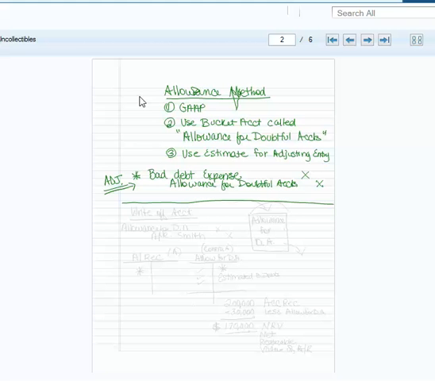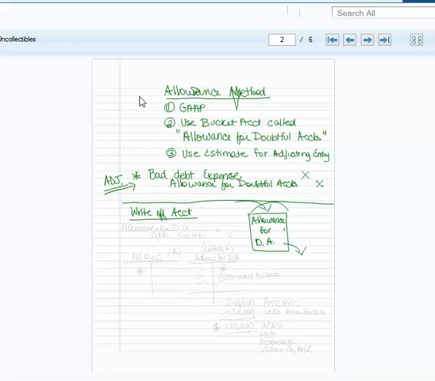Then, when you write off a specific account, let's say that we figure out that Mr. Smith is not going to pay us, we write it off through the bucket account. Well, what in the world's a bucket account? It's called allowance for doubtful accounts. And the adjusting entry actually creates this bucket account called allowance for doubtful accounts. And then as we write off individual accounts, it decreases our allowance account.